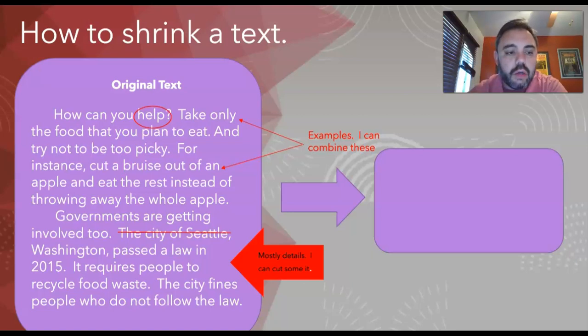So I don't need to mention Seattle. I can cut that. I don't have to talk about Washington. I might maybe pass a law. I might include that. I don't need to know the year, especially because 5 years ago is kind of a long time. 6 years ago, almost.